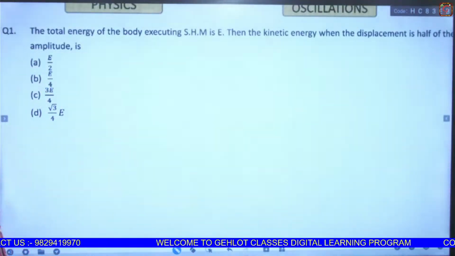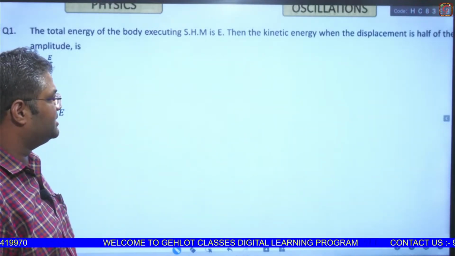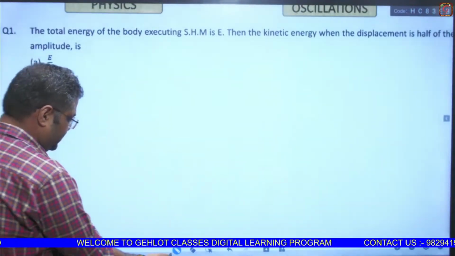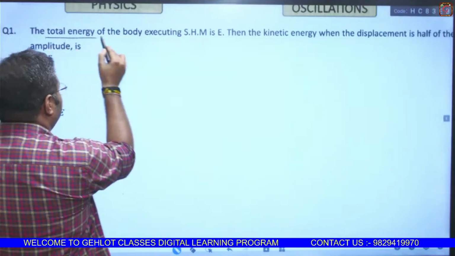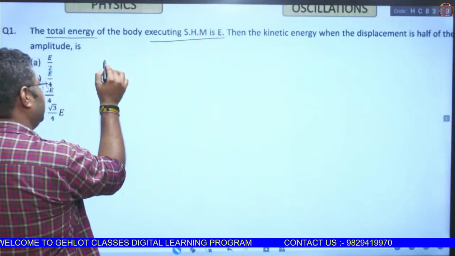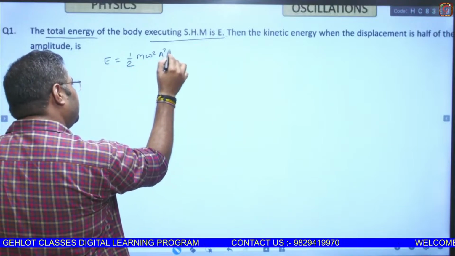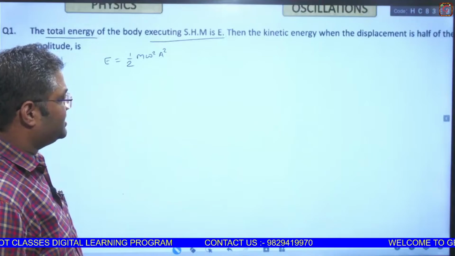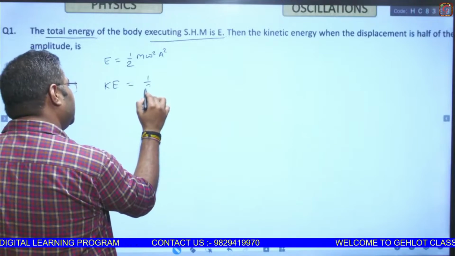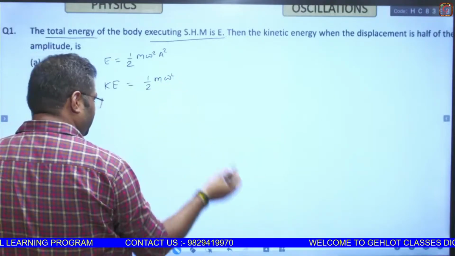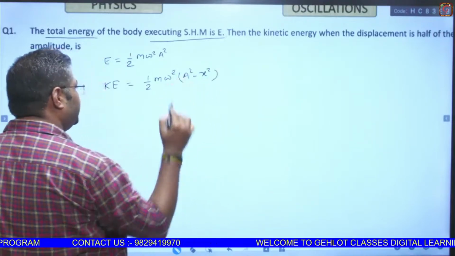Now the first question: the total energy of a body executing S.H.M. is E, then kinetic energy when displacement is half of the amplitude is. See, in this question the examiner has told that the total energy of the body executing S.H.M. is E, so E is equals to half m omega square into a square. Then kinetic energy when displacement is half of the amplitude can be written as half m omega square into a square minus x square.